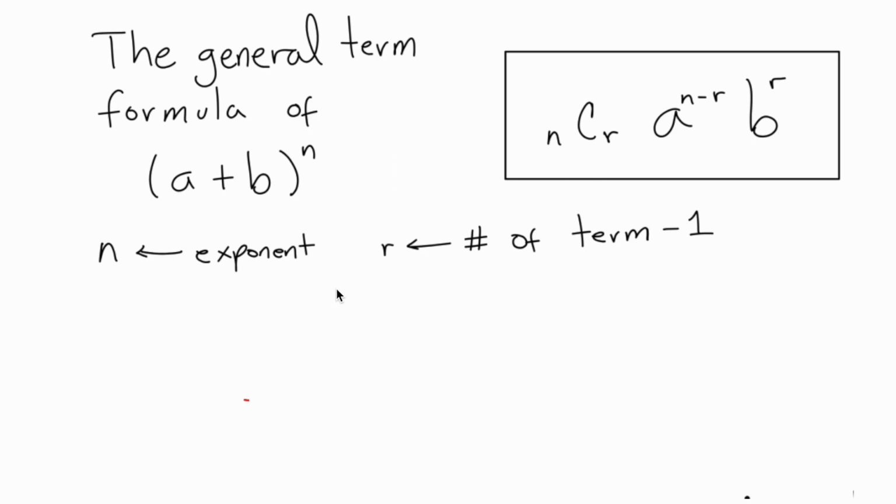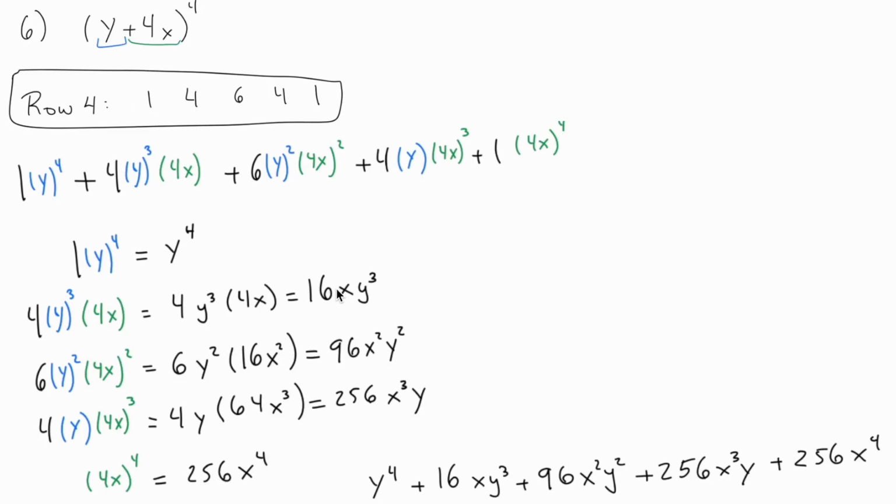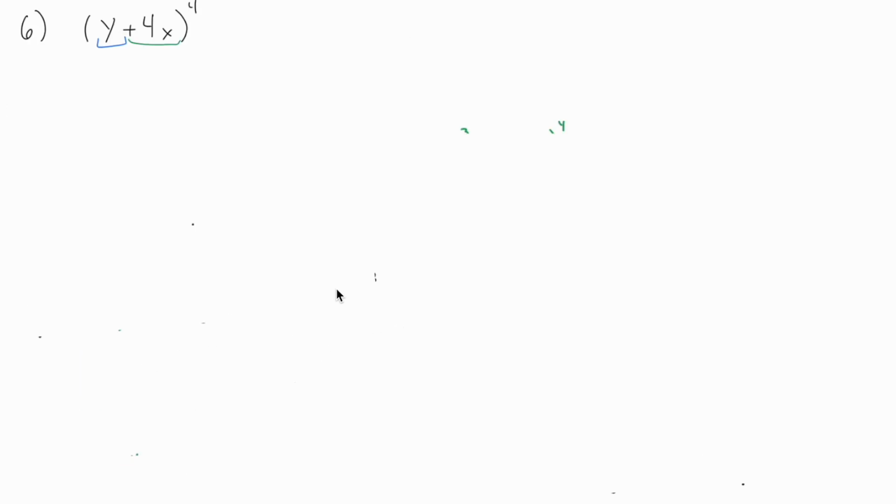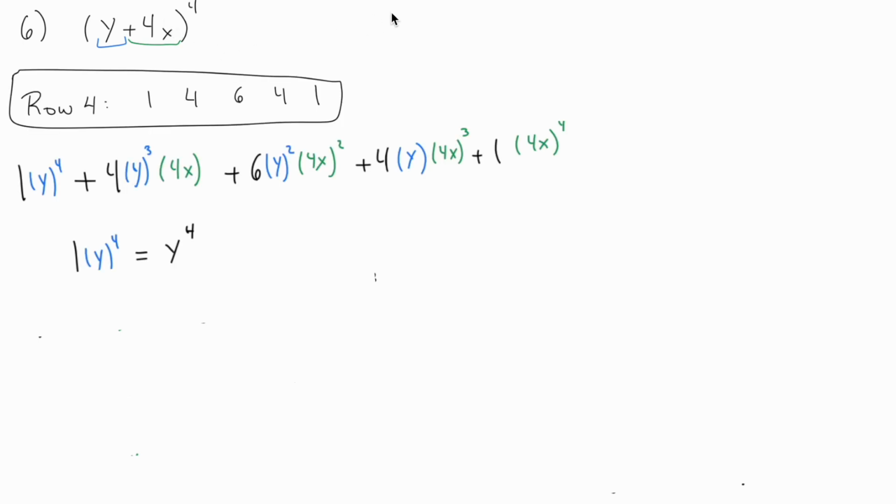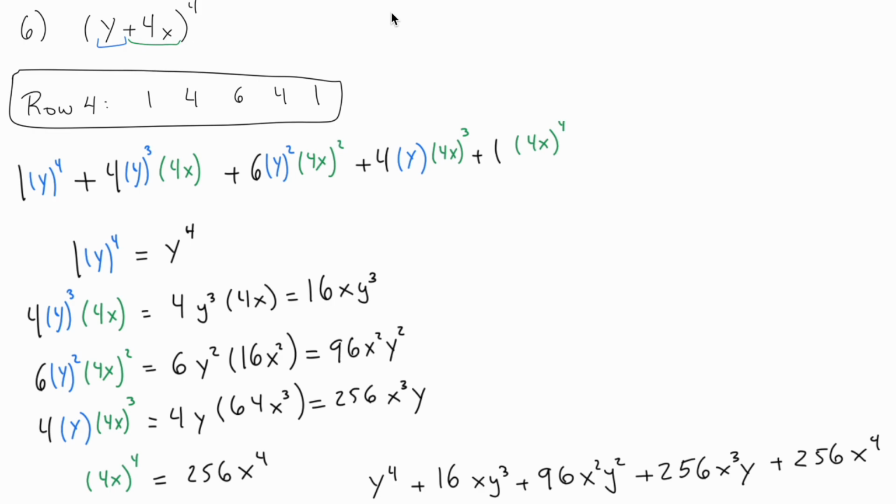So when do I use it? I use it when I ask you to find the fifth term of the expansion of a plus b to the n. For example, my question could be to find the second term, and a way to solve it would be expanding, and this is the second term.